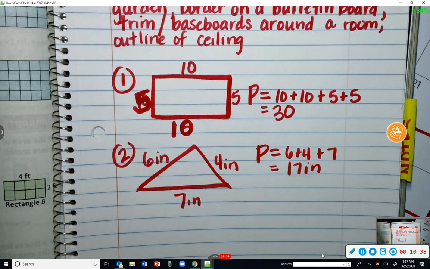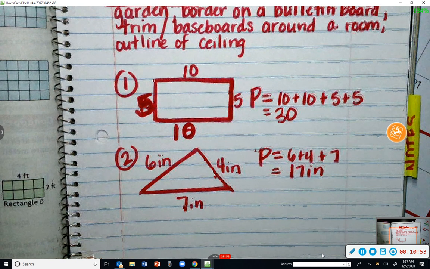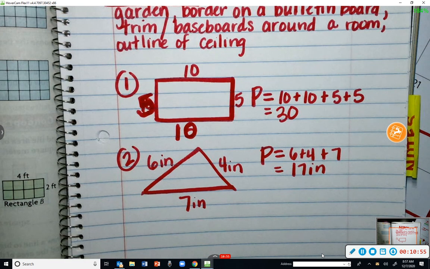Okay, that's all we're going to do in our spiral. So you can put that to the side when you're done writing that last example, or you can put it inside your desk. And then we're going to open up to page 545 in our Go Math books. This is hard, I know.